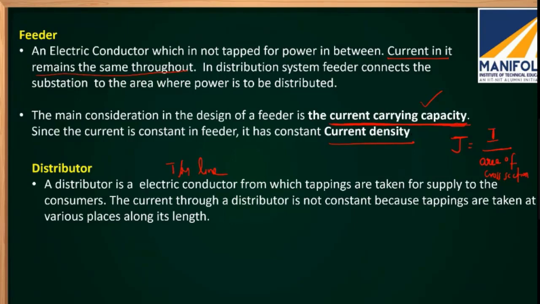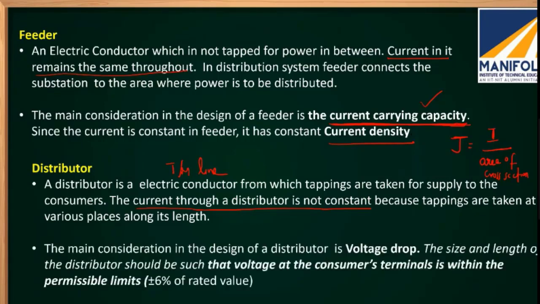So since the tappings are provided at numerous locations, the current through the distributor is not constant because tappings are taken at various places along its length. The main consideration in designing the distributor is the voltage drop. That means distributor should be designed to minimize the voltage drop.